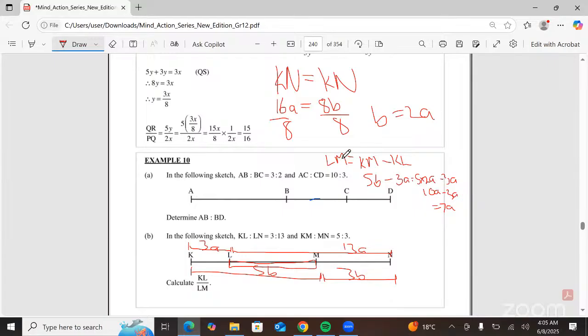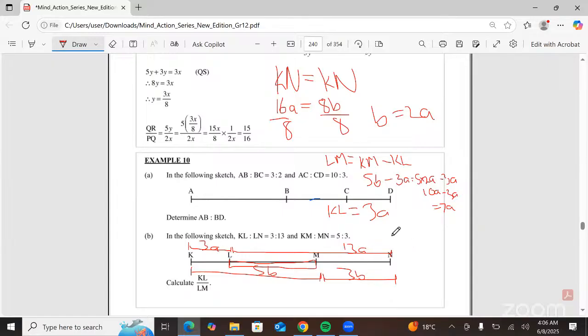And then what do we do next? To find KL, KL just is 3a.